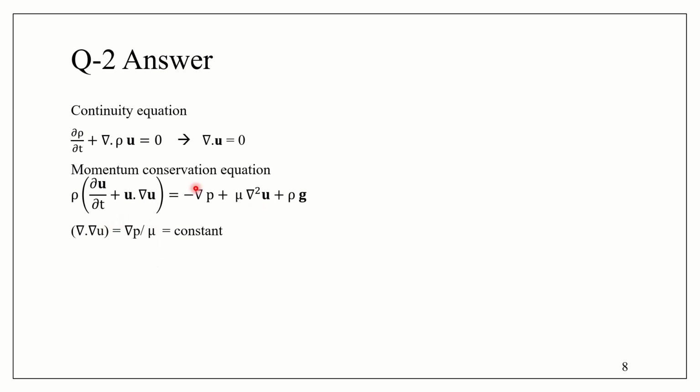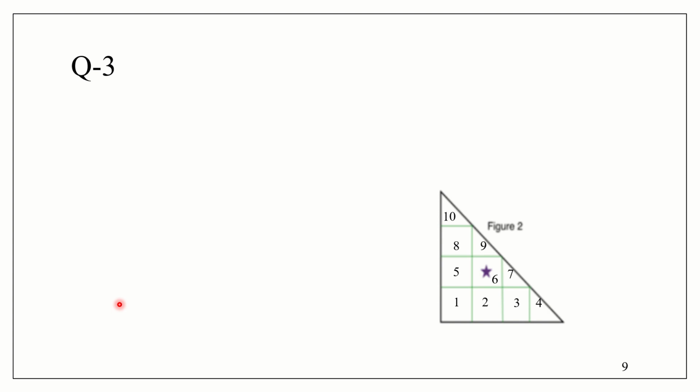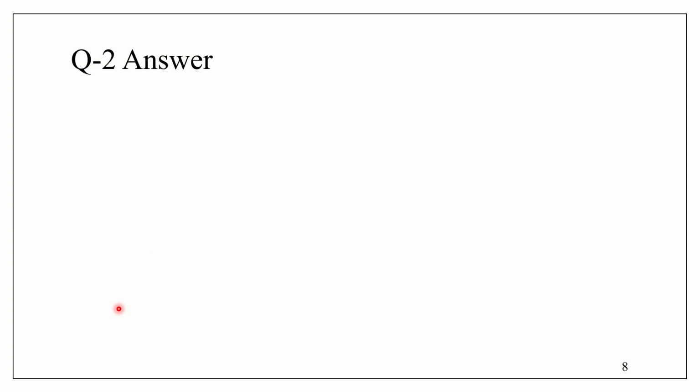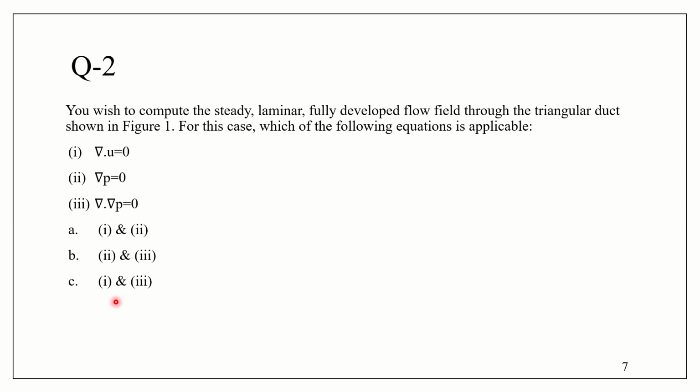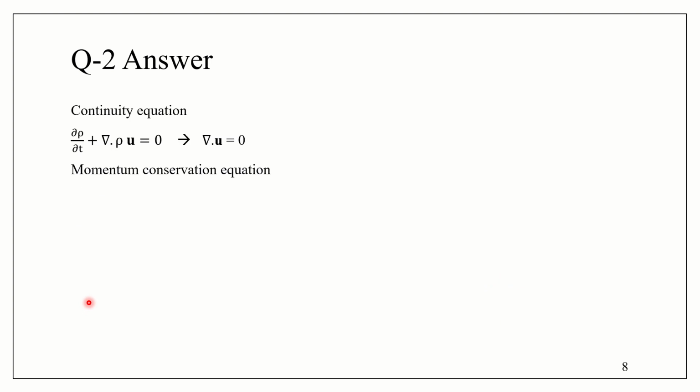So we would be left with these two terms. It would be constant, it would not be 0. Delta p is therefore constant and del dot u is equal to 0. If delta p is constant, then delta p is equal to 0. So based on these, statements 1 and 3 are right and it is given by option C. So that is the answer.